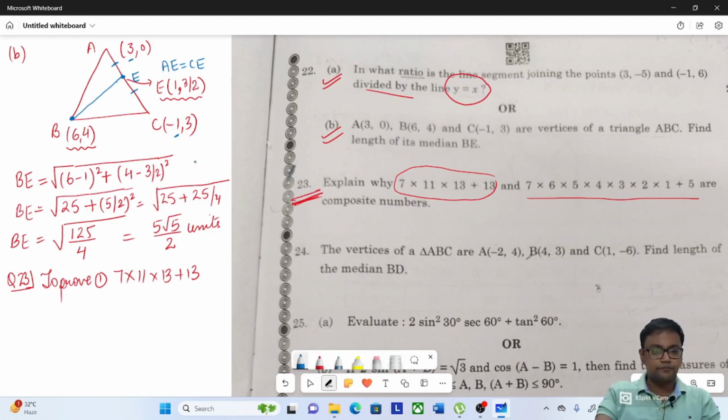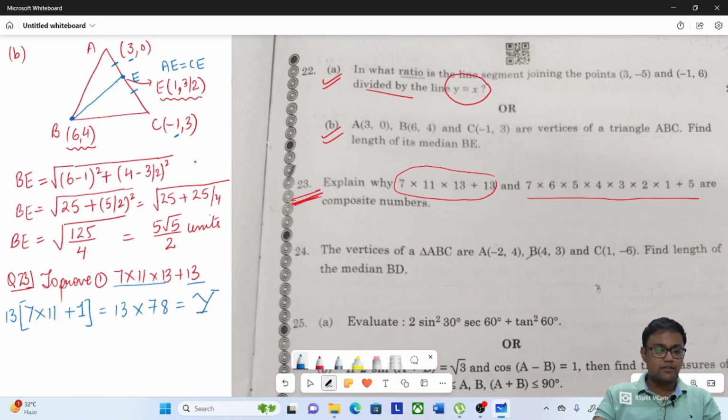We will start by taking 13 common from both the terms. You can see the two terms I have highlighted. So 7 into 11 is left and 1 is left. So 13 into 78. Whatever this number is, you do not have to calculate, children.